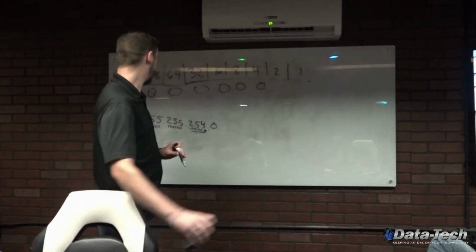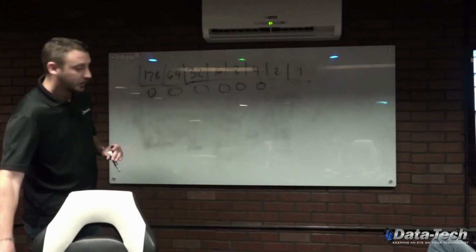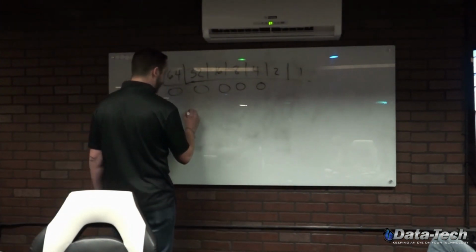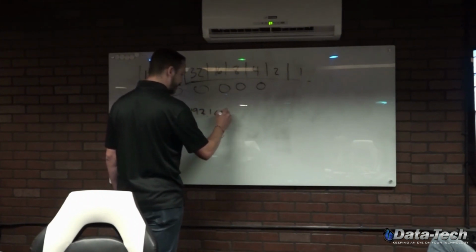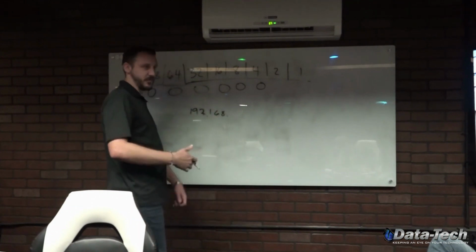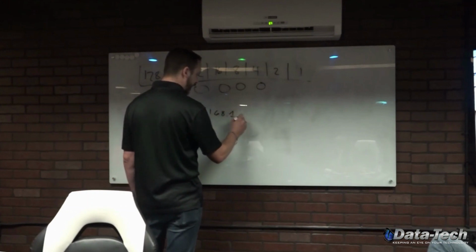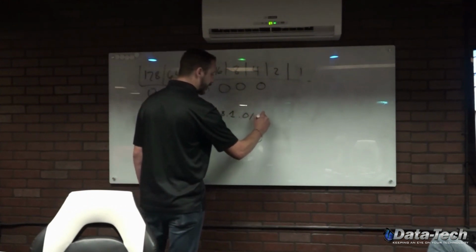Let's do this. So a private IP range of 192.168, and I'll use what pretty much all the standard is for everyone's home network, 1.0/24.